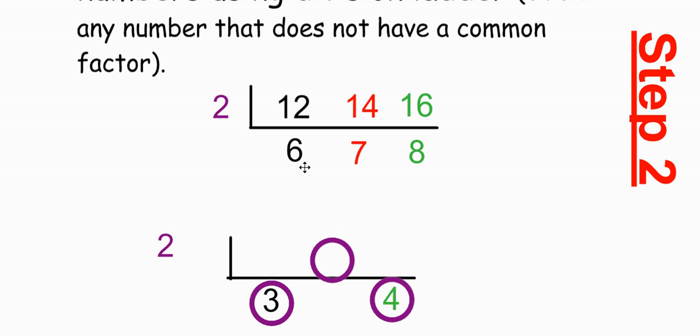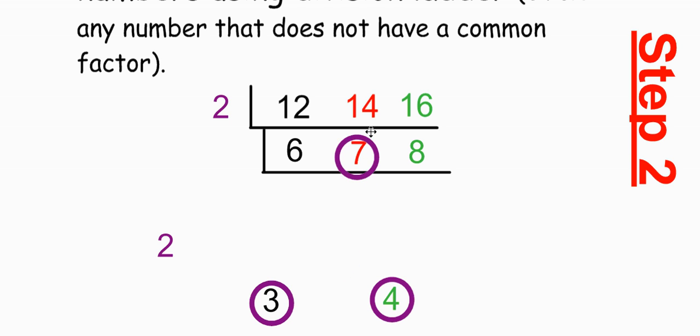The next step is to ask if there's any common factors between these numbers that we have remaining here. Since 6 and 8 have a common factor, but 7 does not, then we're going to circle the 7 and write our common factor for 6 and 8 here.